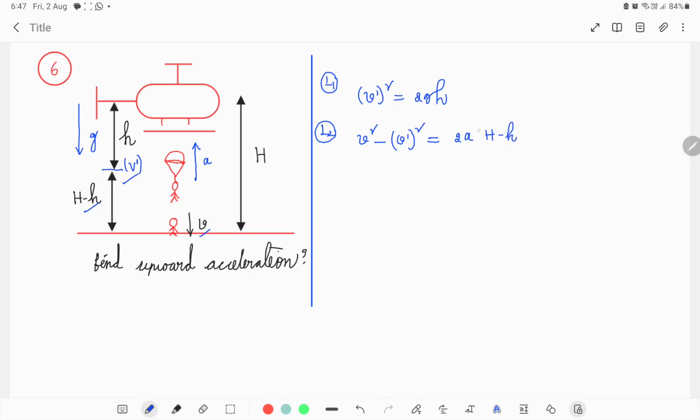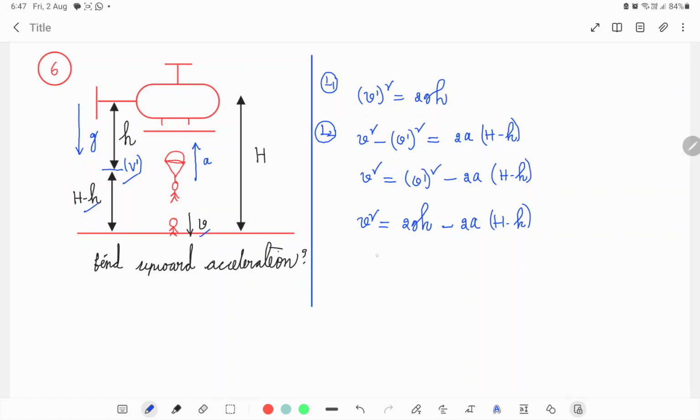So v square is equal to v dash square minus 2 a into H minus h. I wrote this minus because it is opposing the motion. Therefore v square is equal to 2 g h minus 2 a into H minus h.